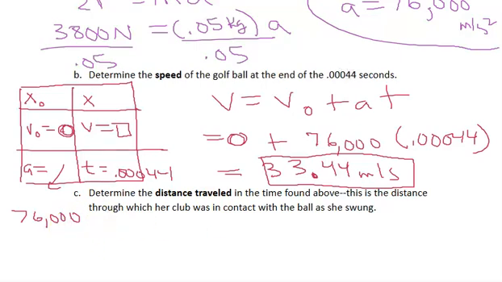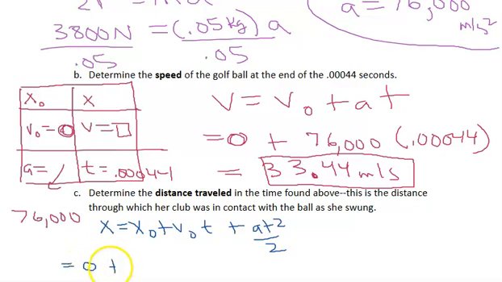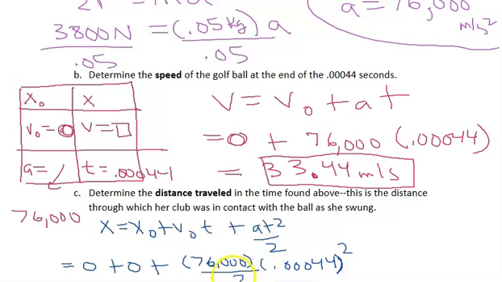So I can't scroll up anymore. We want the distance that the golf ball traveled during this teeny tiny amount of time. And x naught is 0. V naught is 0. So we just have this massively huge acceleration times a teeny amount of time, all divided by 2.